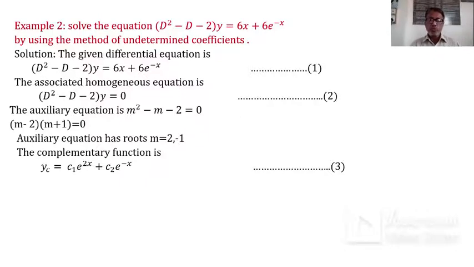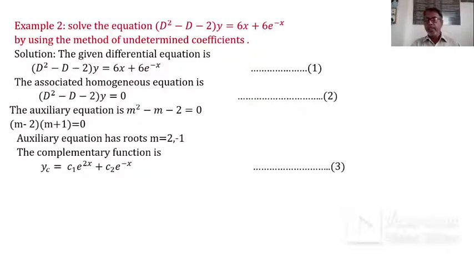Here, since this root minus 1 comes in the associated homogeneous differential equation or the auxiliary equation of this non-homogeneous differential equation, we get this. Therefore, we write the roots as minus 1, 0, 0. Therefore, what is the differential equation?